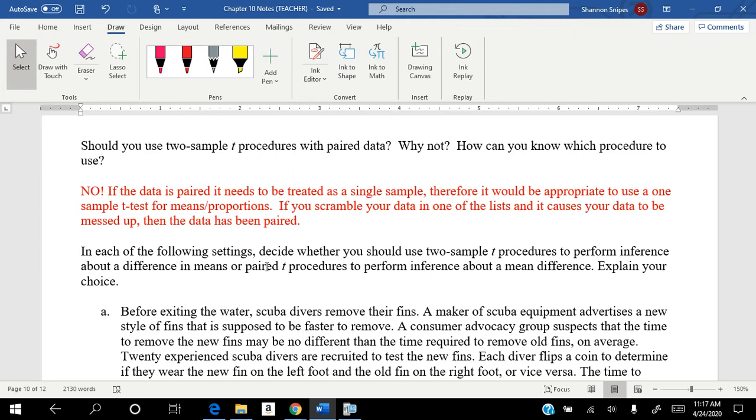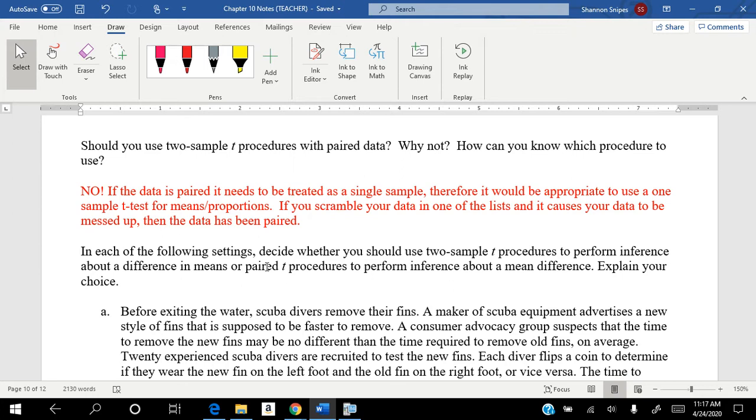So in a way, it's like we have two samples, but we really don't because each person has two pieces of data. It's not really two samples. The data is paired together. So although when you read a problem like this, and you'll see in just a minute, the thought might be, hey, this is two sample, but it's not.